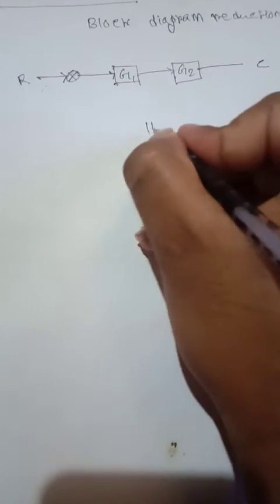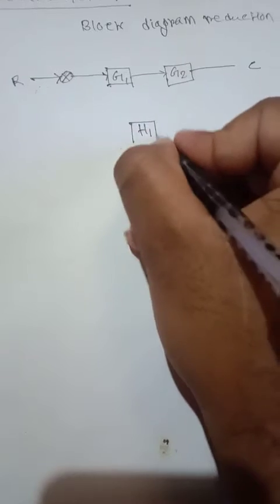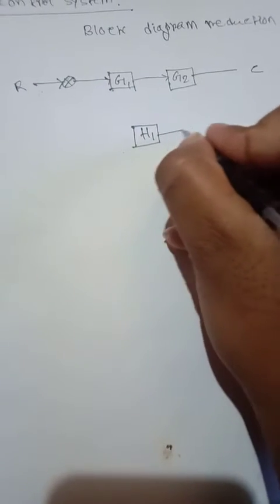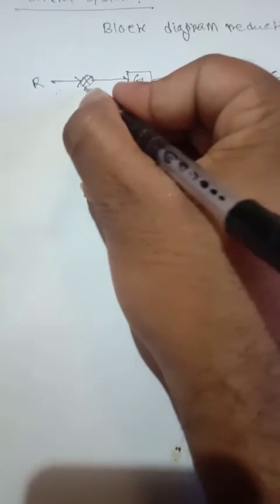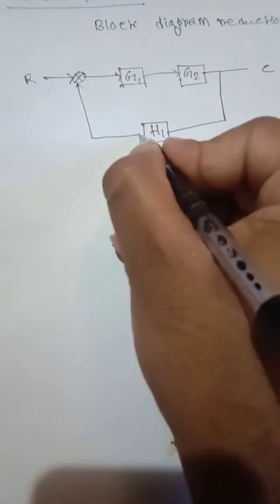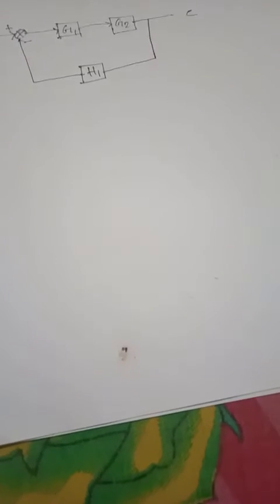The feedback element H1 is connected to the output, and the other end is connected to the summing point, with plus and minus signs. Here G1 and G2 are two transfer functions.